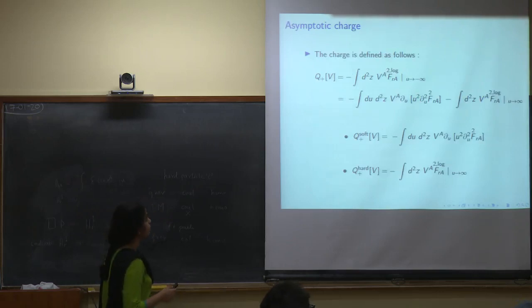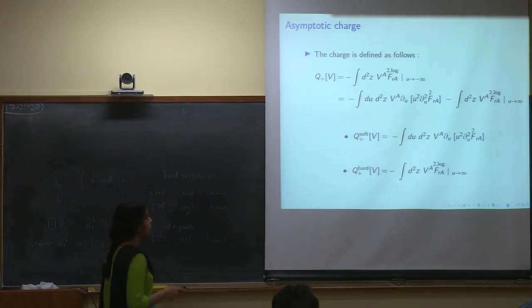Yeah, and so we can construct the charges. So this is at a particular slice, scri plus minus. You typically write it as an integral over the entire scri plus, minus the scri plus plus term. So this gives us the soft charge, and this is the hard charge here.